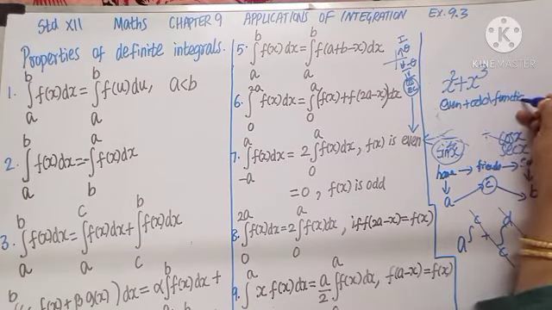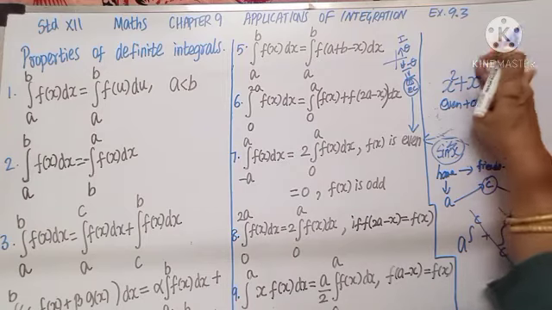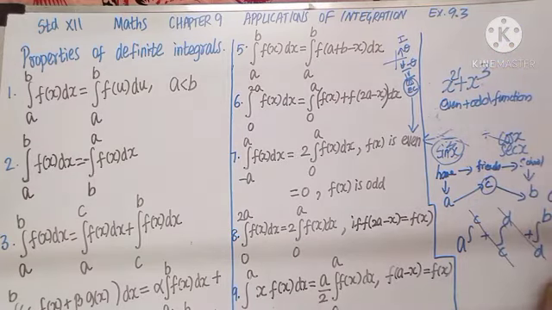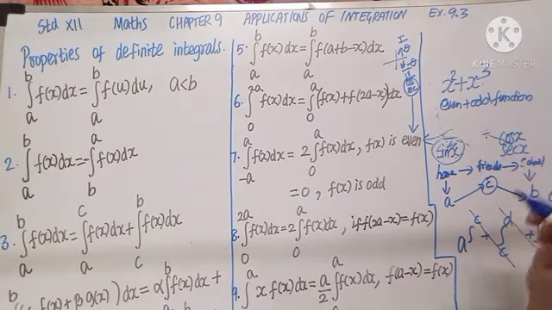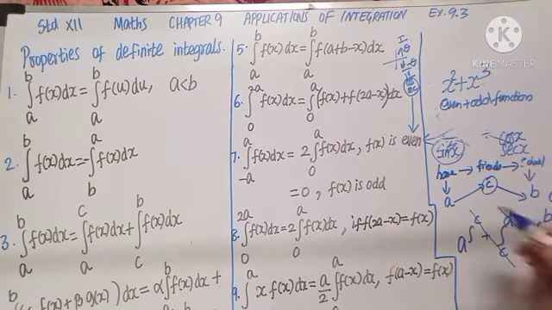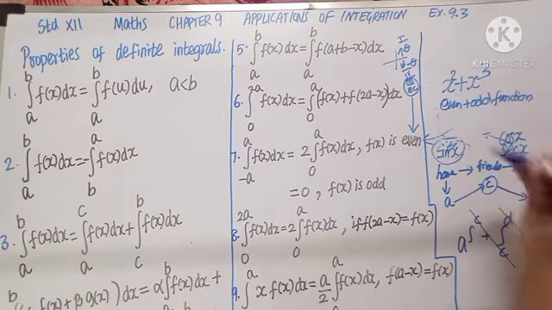So in a function, if everything is even, my answer is even. If everything is odd, my answer is odd. But one is even, one is odd, then I will say neither even nor odd. So both the properties will not help in such cases.